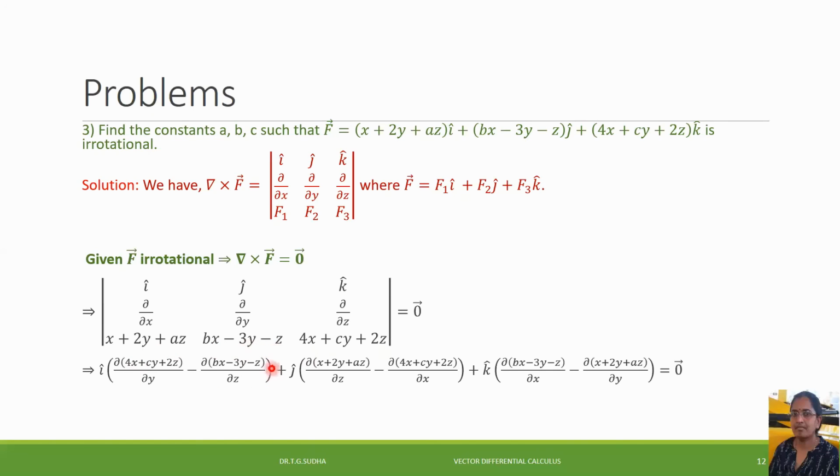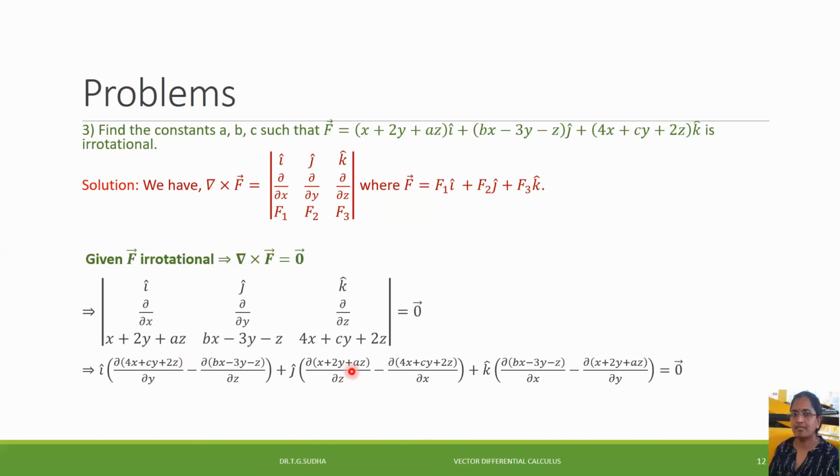So we obtain the first term, plus j into [∂/∂z of (x + 2y + az) − ∂/∂x of (4x + cy + 2z)]. This is the second term, plus k into [∂/∂x of (bx − 3y − z) − ∂/∂y of (x + 2y + az)].